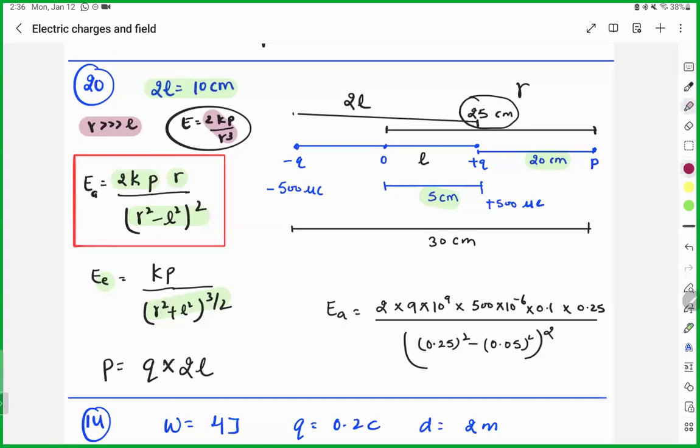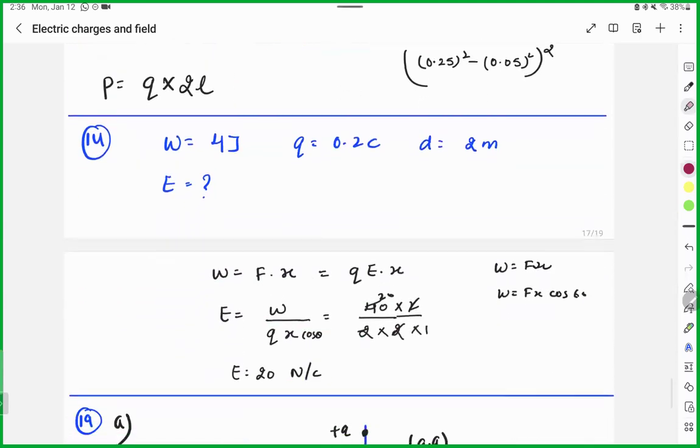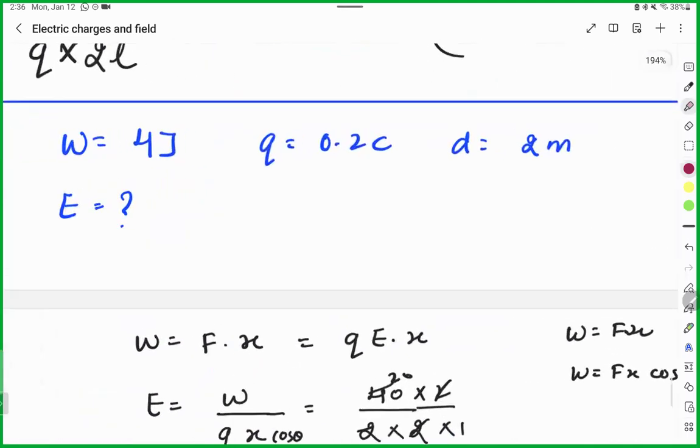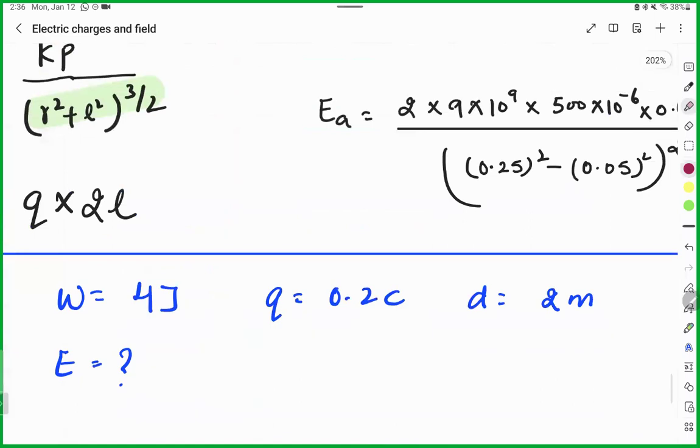No, sir. Imagine this. You have work done, you have charge, you have displacement. You have to calculate the electric field. E is not energy, it is electric field.